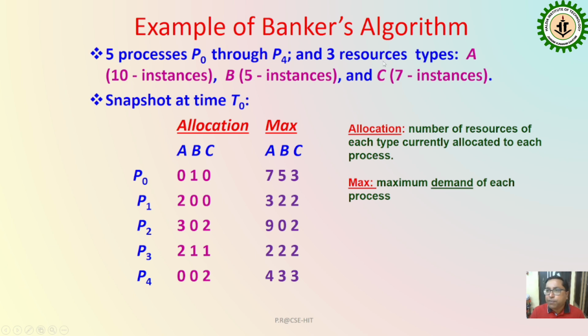There are 3 types of resources, and the resources are fixed. That is, resource A has 10 instances, resource B has 5 instances, and resource C has 7 instances.